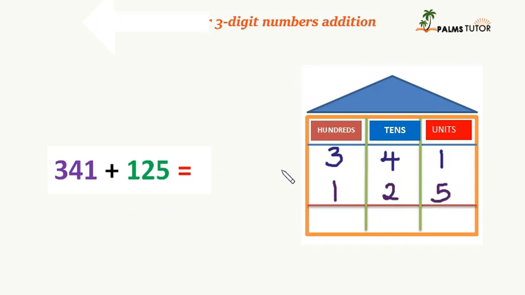It's time to add them together. 1 unit plus 5 units equals 6 units. 4 tens plus 2 tens gives us 6 tens. 300 plus 100 equals 400. Therefore, 341 plus 125 equals 466. 400, 6 tens, and 6 units.